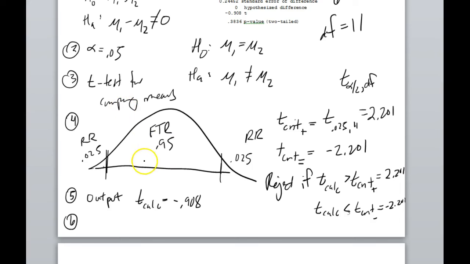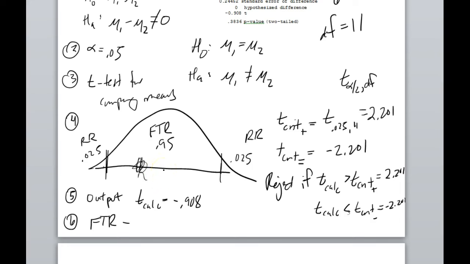No. So this t-calc value is going to fall somewhere like here-ish, right? So it is not in a rejection region, so we would say fail to reject. And we would just say there isn't significant evidence that students that work have different GPAs comparative to those who don't, right?